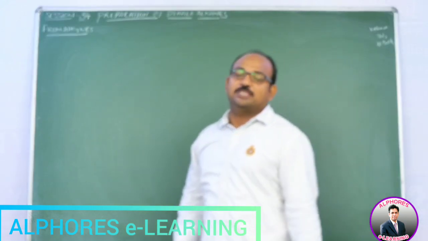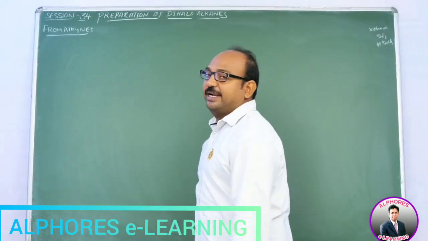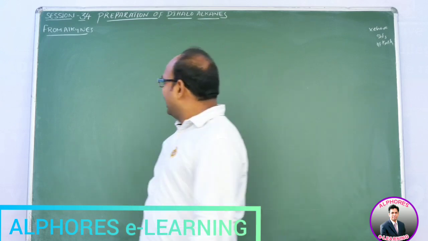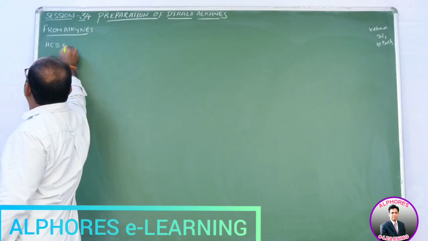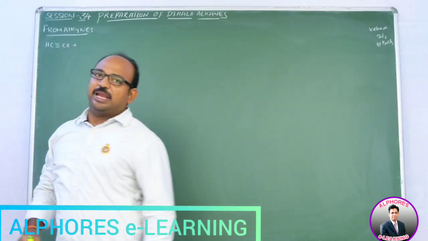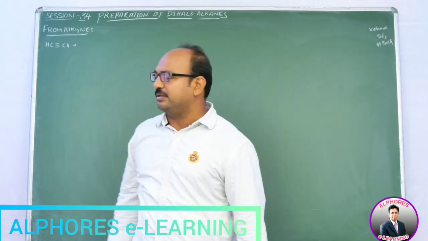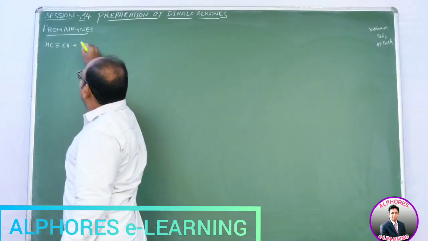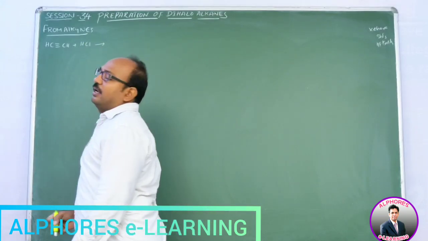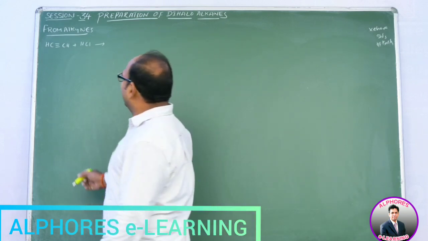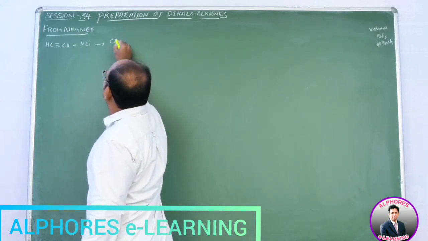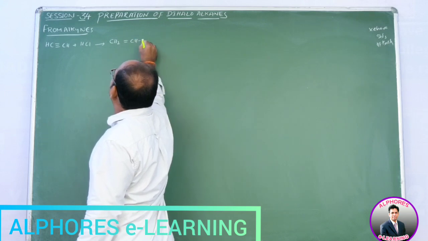Next method of preparation of gem dihalides is from alkynes. Let us see alkynes. Acetylene, HC triple bond CH, upon addition of hydrogen halide, let us say HCl. So alkyne upon addition of HCl, towards one carbon hydrogen will go and towards another carbon Cl.